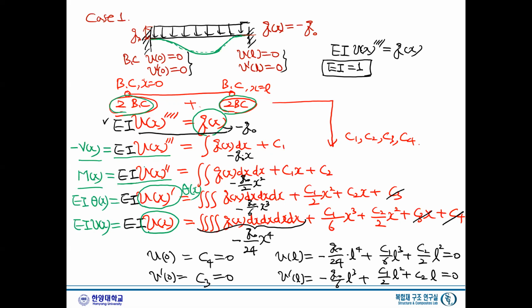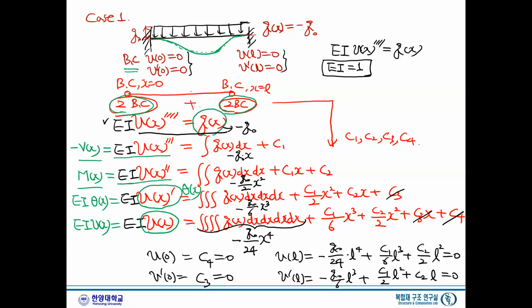So when we solve this fourth order differential equation, the boundary condition will be given either by V, theta, which is a slope, or moment, or shear force at each boundary. Okay, and in this case, we don't know the moment or second derivative.